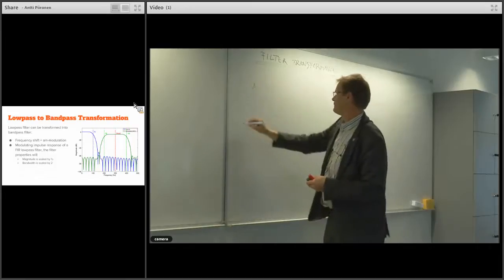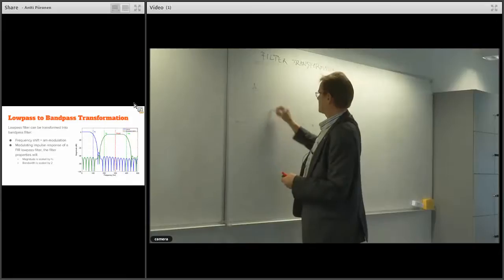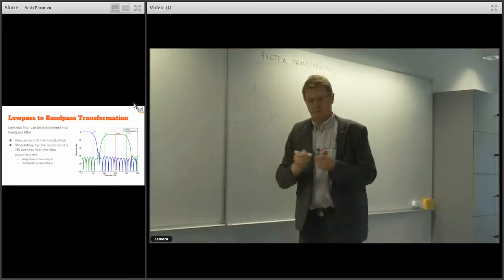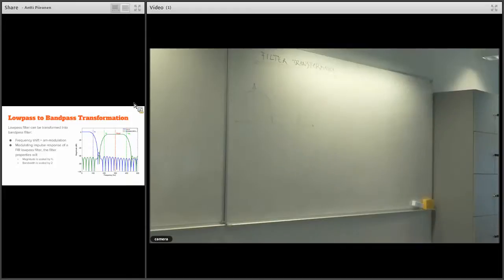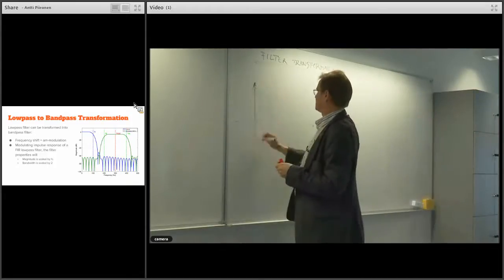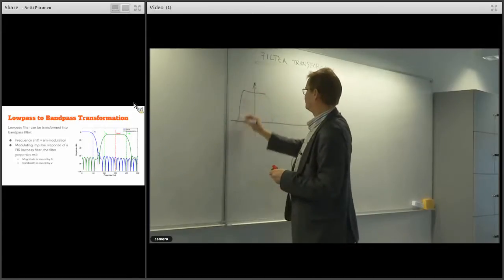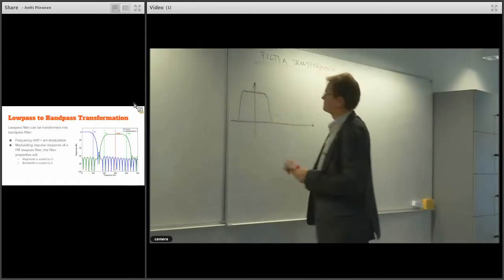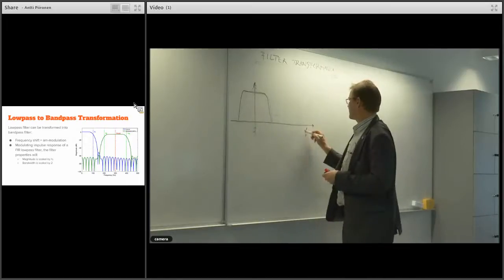Hypothetically, let's take a low-pass filter, and just for fun, I will also draw both sides of the frequency space.